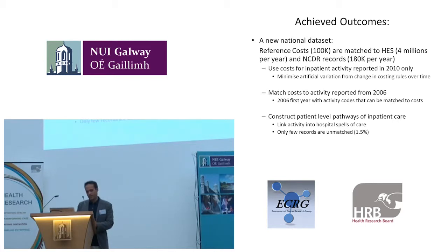And this has been phased in from 2003 to 2008. And through this number of years, hospitals have improved the way they report information about their costs and the cost of the activity that they provide. So this is one of the reasons why we decided to use one fixed year for the cost, at least for the first instance of this exercise.